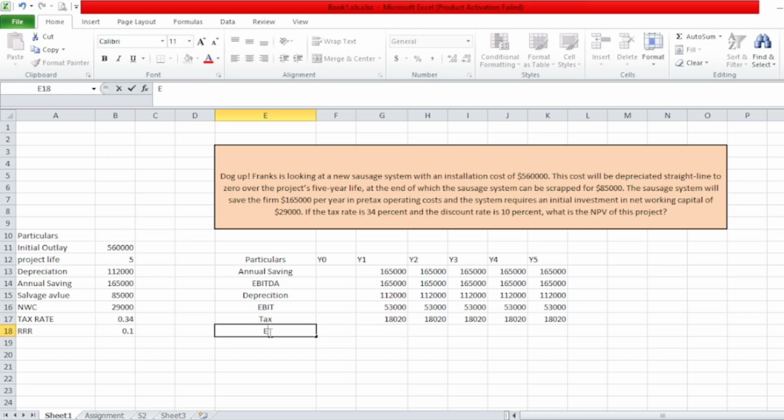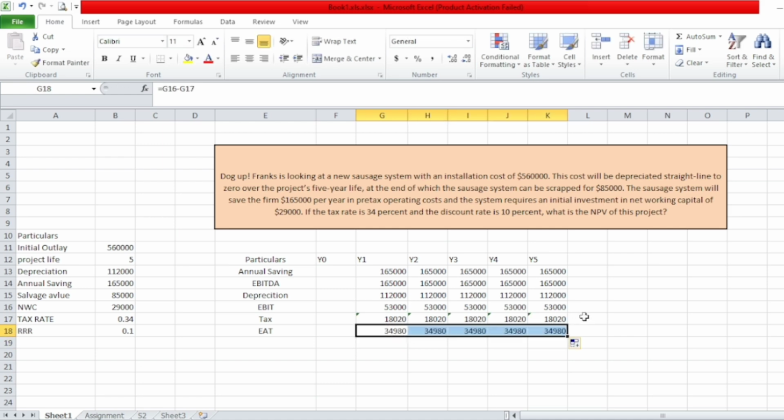Now I will find out the earning after tax, which is EBT minus tax. So EAT, or earning after tax, is also known as our net income. Now we will find out the OCF.